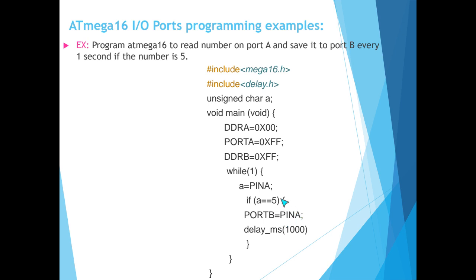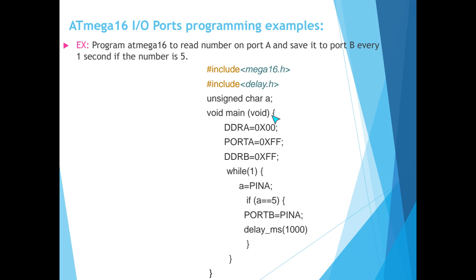As you see, it assigns the data which is read from port A, and if it is equal with 5, in port B, and we want to have a delay equal 1 second. 1 second is equal 1000 milliseconds, and I use delay underline ms, 1000, curly braces is closed.